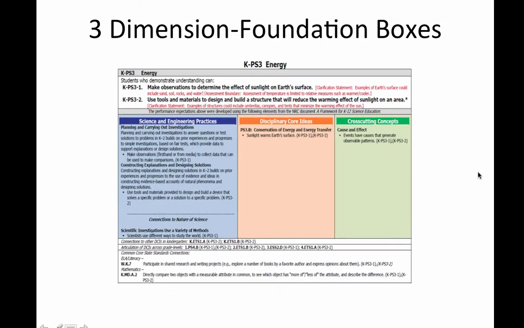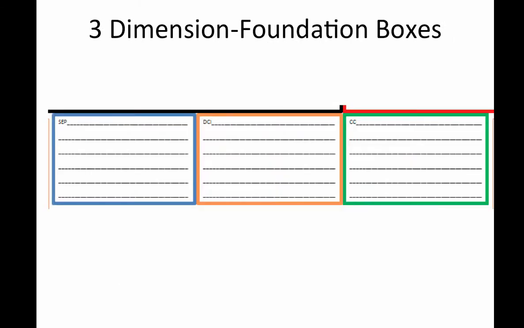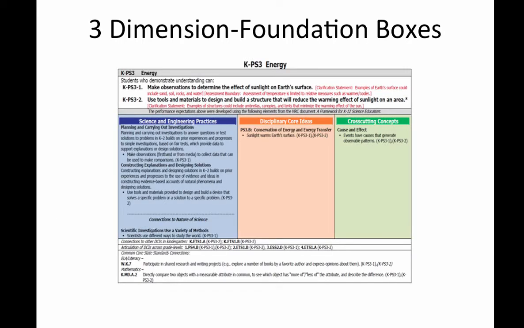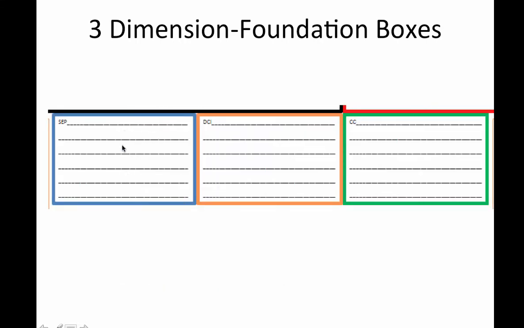Here you can see the different dimensions, and you can take the language from those dimensions and put it in the colored boxes on the sheet. There's more description of what to focus on. Make sure you don't write all of the information down under, for example, the science and engineering practice. You just want the specific information that corresponds to your identified performance expectation.